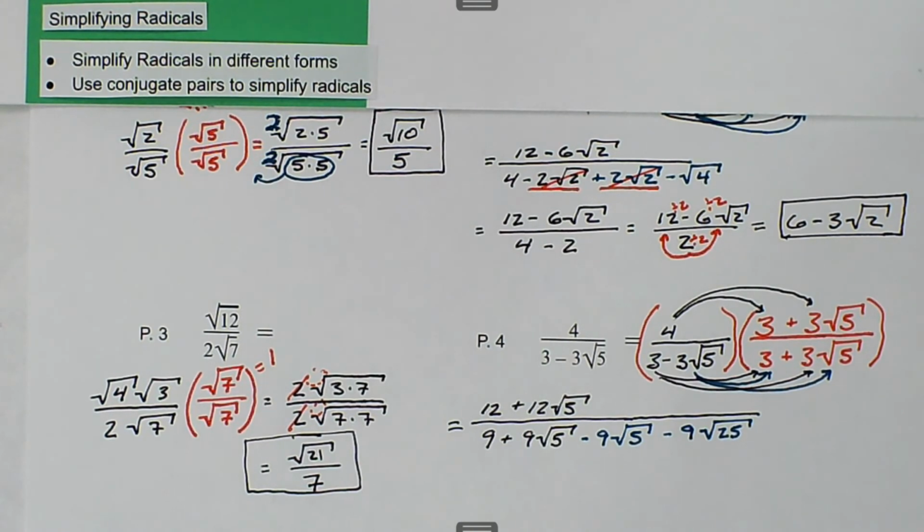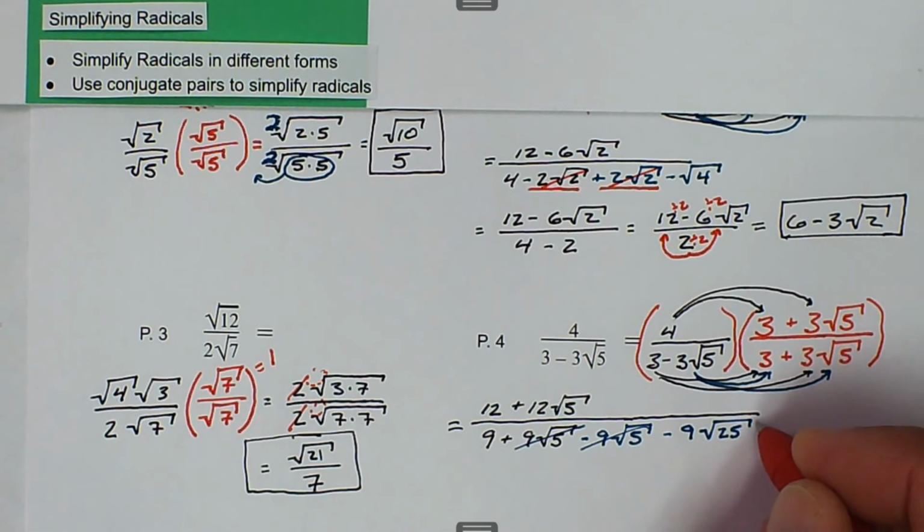So in the numerator, we can't do anything there, but in the denominator, we have a 9 square root of 5 positive and a 9 square root of 5 negative, and those cancel each other out. Also, we know that the square root of 25 is 5. So this is actually 9 times 5.